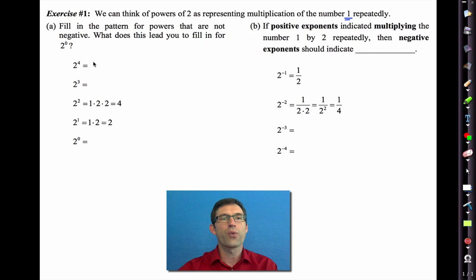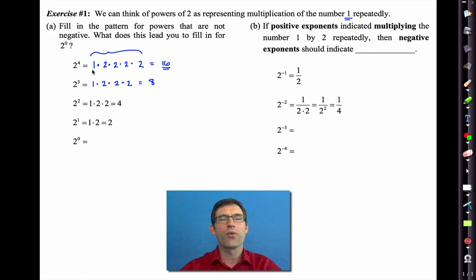In other words, 2 to the 4th can be thought of as 1 times 2 times 2 times 2 times 2, which is 16. That's not so important. This is what's important: 2 to the 3rd is 1 times 2 times 2 times 2, and that ends up being 8. Now you're probably wondering why I need that 1 in there, but we'll get it.